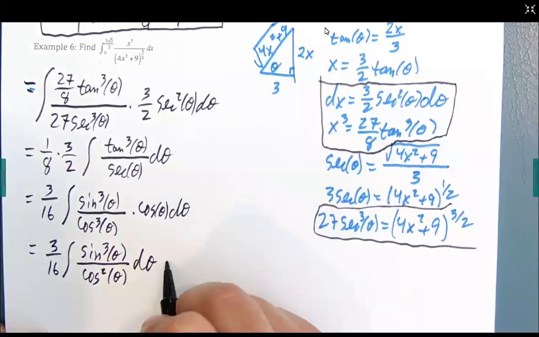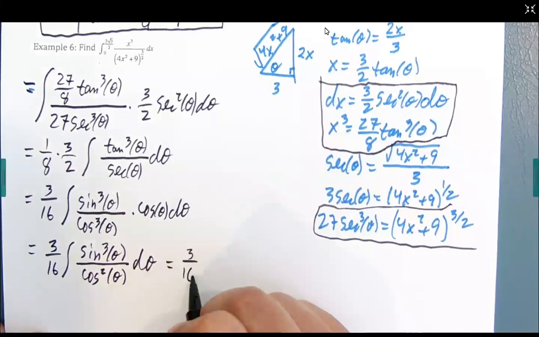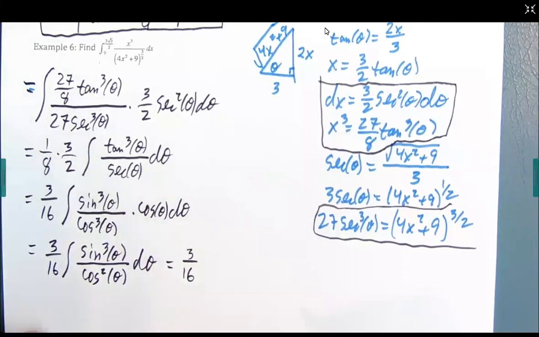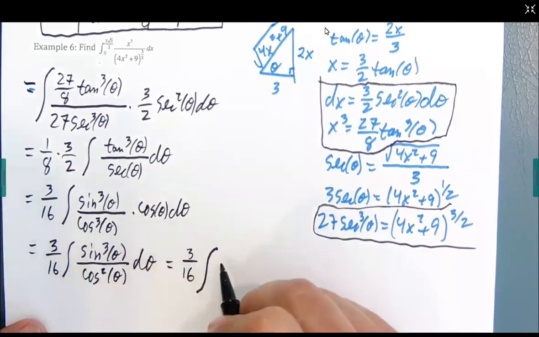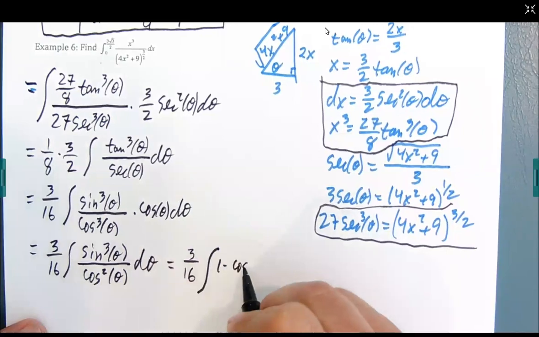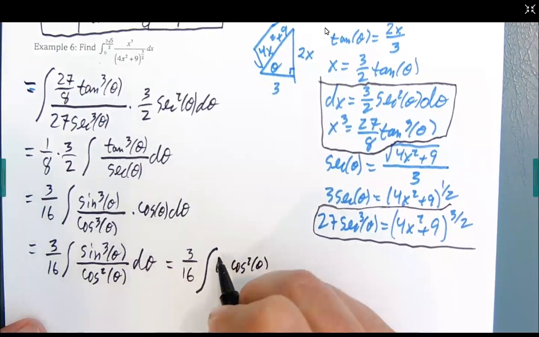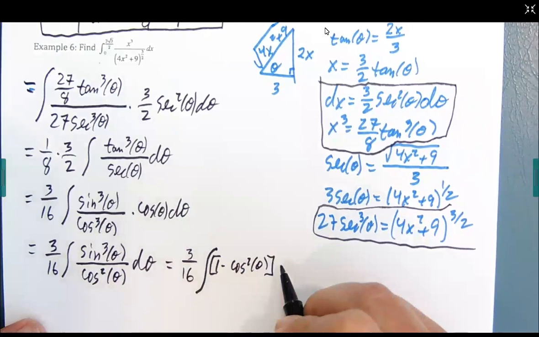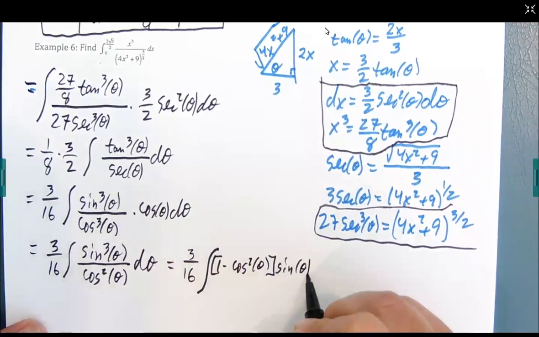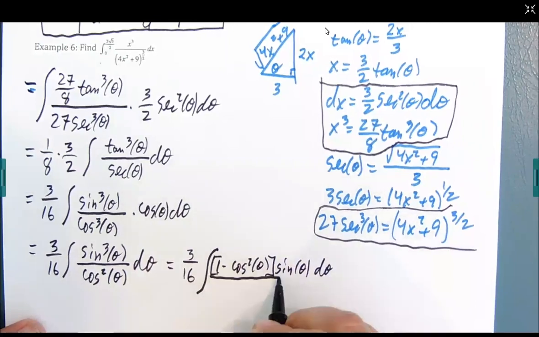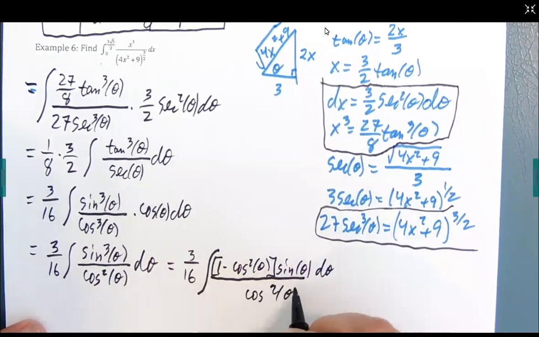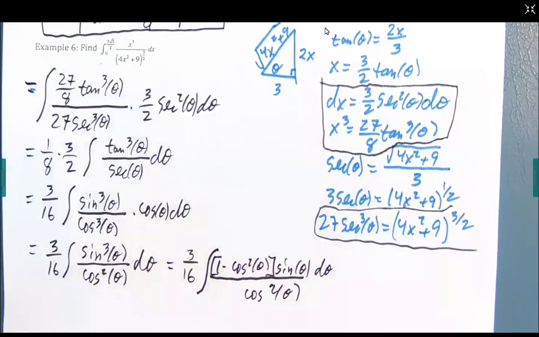Next. All right, so 3/16. And we end up with, let's write it like this. I'm going to save off one of the sines. And now I'm going to do a u sub.